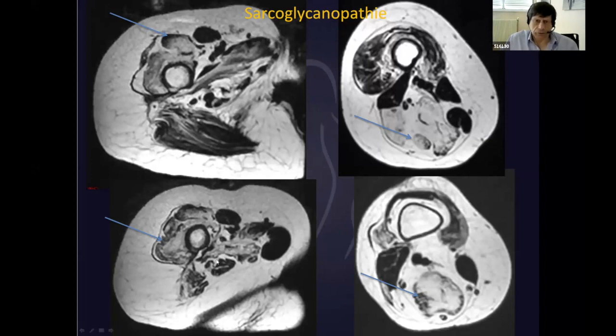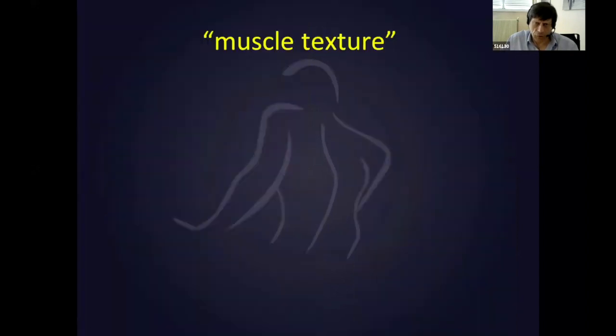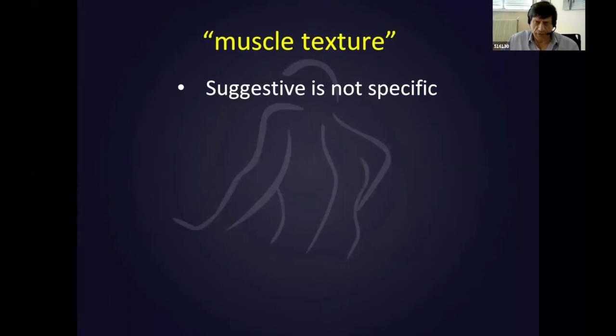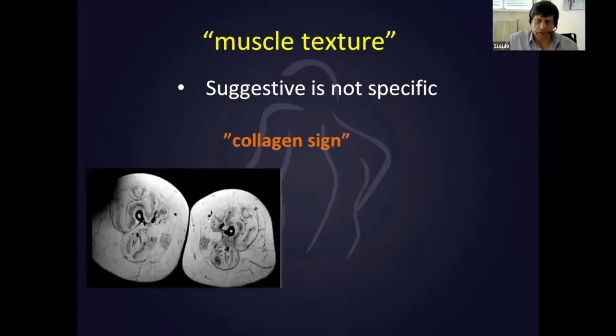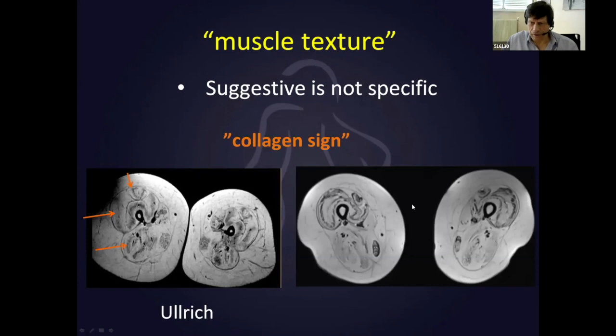It's quite evocative of sarcoglycanopathy, but it's not always specific, and you can have the same aspect with different diagnoses. Here you have the target aspect of collagenopathy, with the central part of the muscle preserved in all muscles of the thigh. You have quite the same aspect in this thigh, but it's not a collagenopathy, it is a calpainopathy.